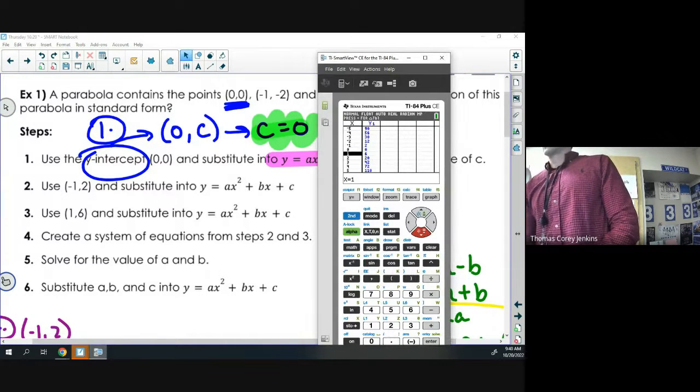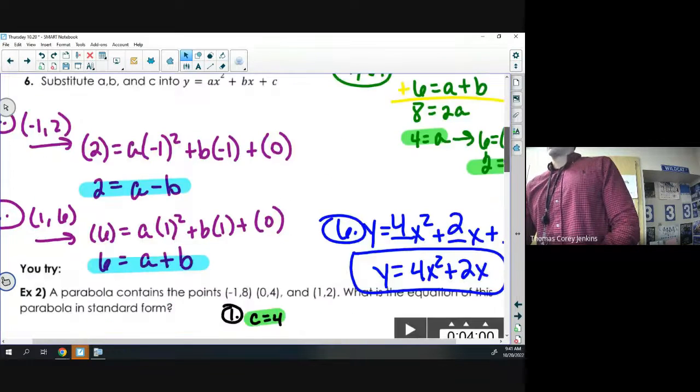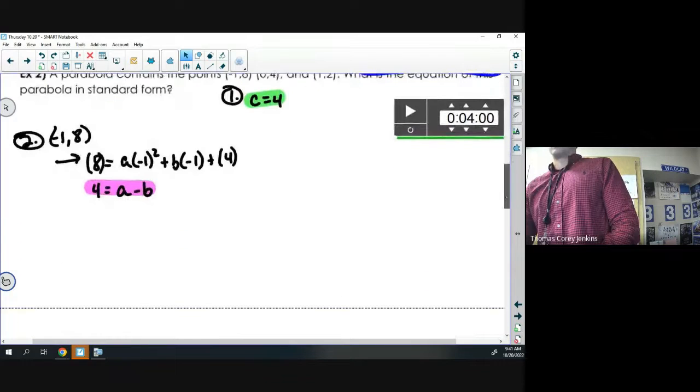Oh, it does take -1, 2. You're right. I did do it wrong. I read the typo. So we solved for these instead of that. Right. So I'll go back to that. Thank you for telling me that. I appreciate that.